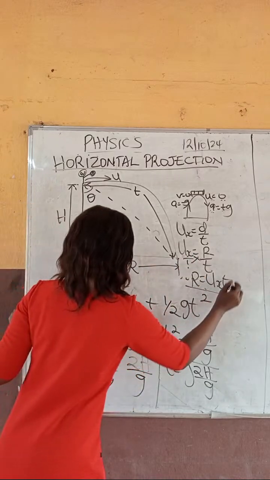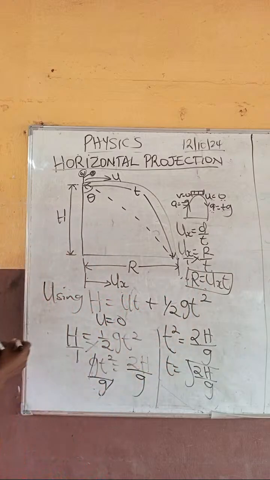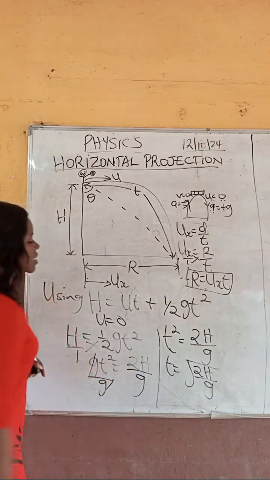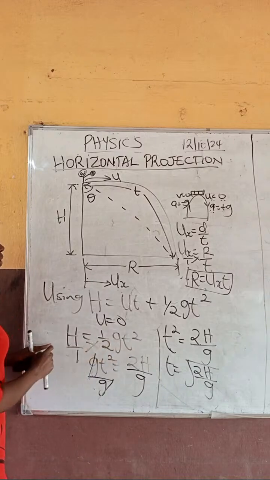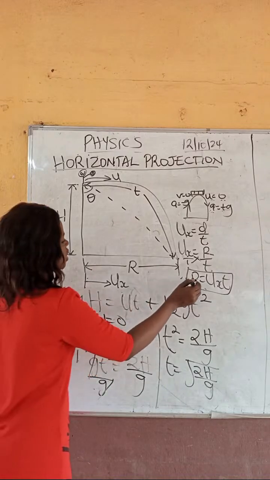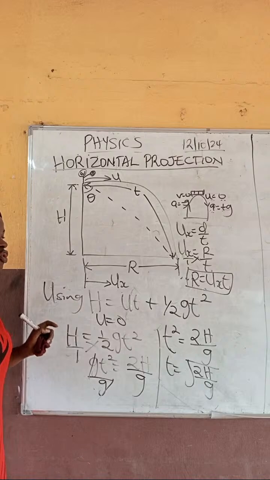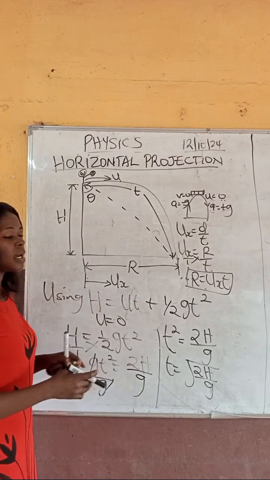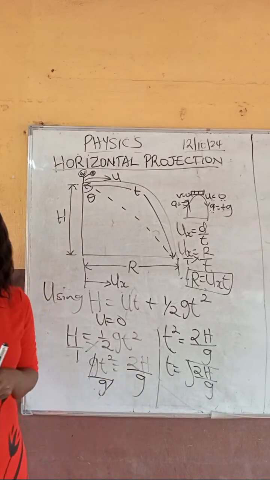So these are the things you are going to look out for when we are discussing horizontal projection. One is the height, which is the height where the object was projected from. Then the second one is the time. By making this the subject, we can get that. Then the third one is the horizontal distance, which is the range. So I'm going to bring up a question, so let's see how we can use this and get whatever we are looking for.